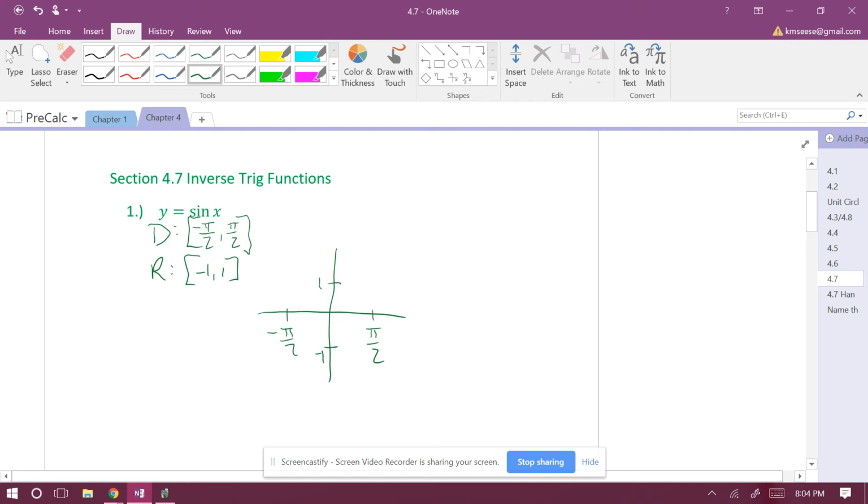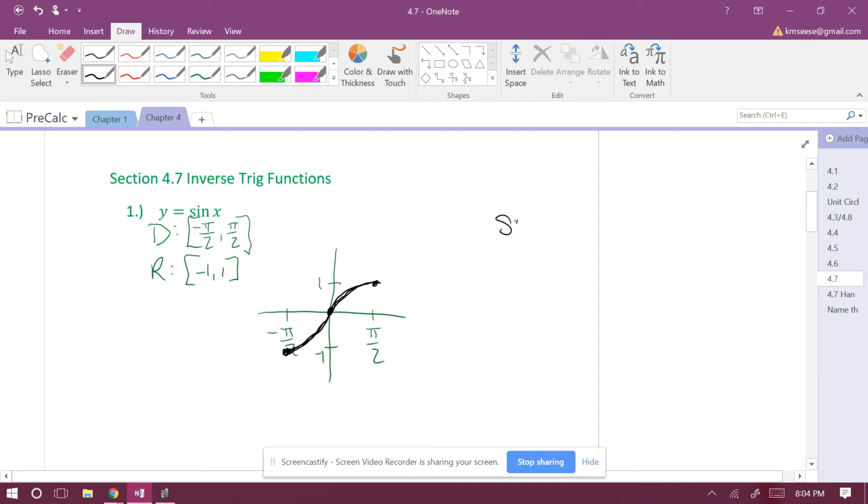Sine of negative pi halves is -1. Sine of 0 is 0, sine of pi halves is 1. You really have this piece of your sine curve that we used earlier.